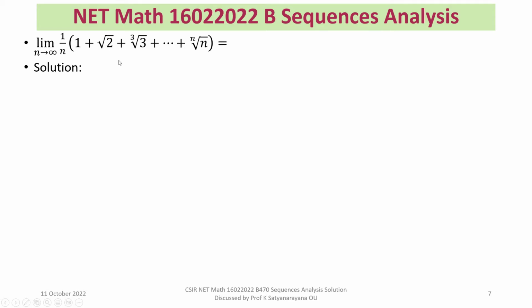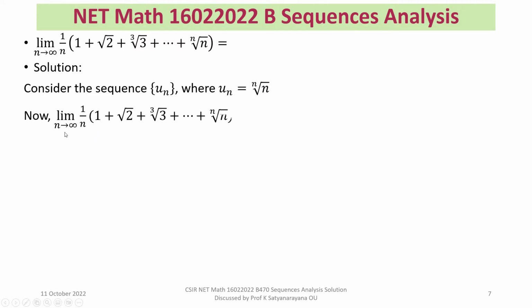Now, we take limit n tends to infinity of 1 by n into 1 plus square root of 2 plus the cubed root of 3 plus so on and so forth plus nth root of n. Consider a sequence un where its nth term is the nth root of n.